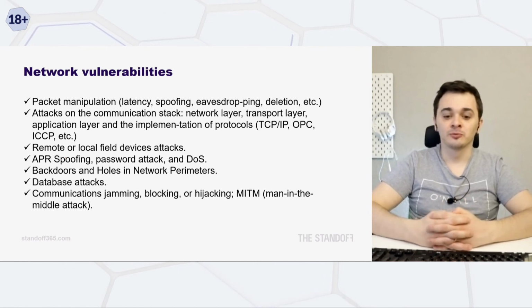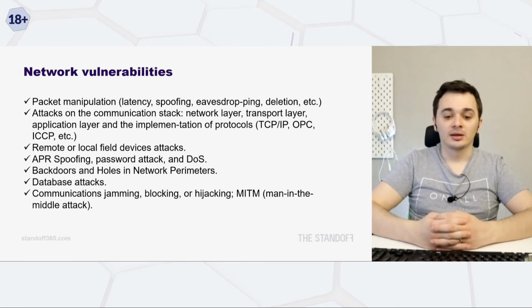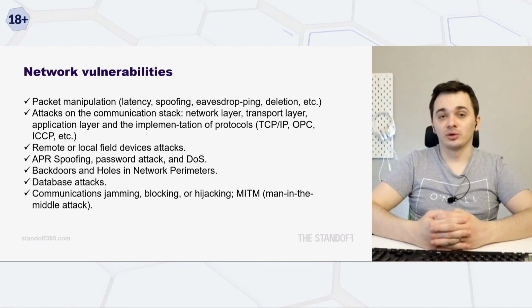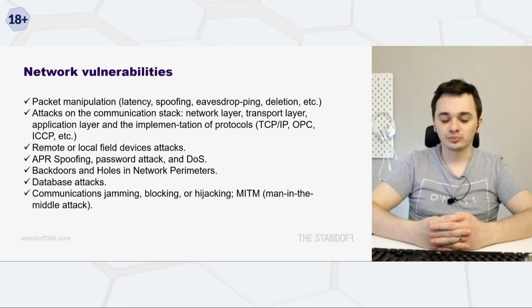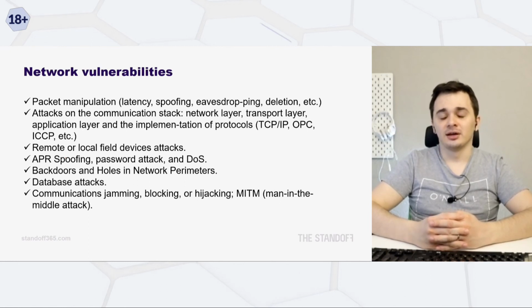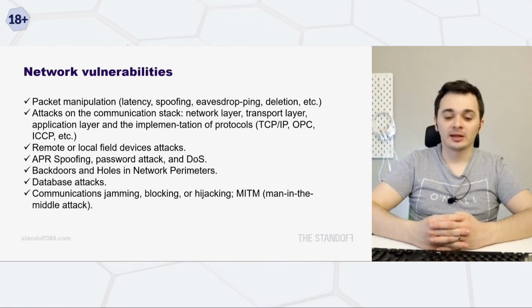I'll take, for example, the industrial switch I mentioned previously today. It had a vulnerability in the routing protocol stack. In particular, it was a vulnerable version of the OSPF library.